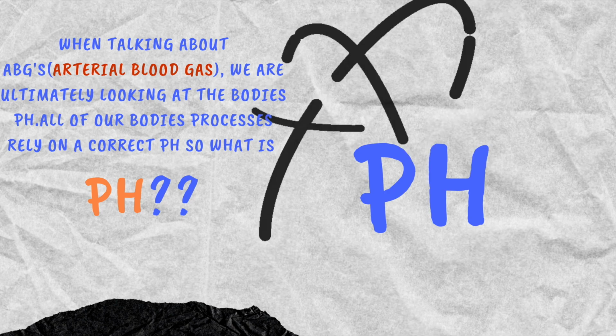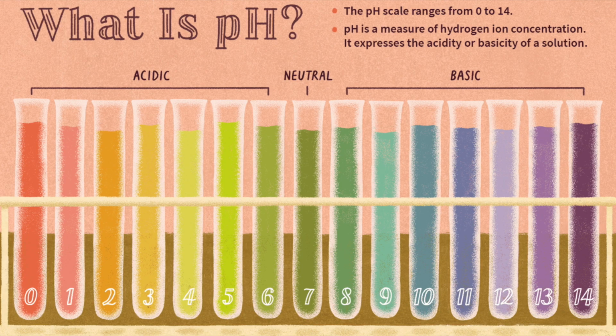So what is a pH? So pH is a scale that was made up from a 0 to a 14, and then you've got an acidic side, you've got a base side, and you've got a neutral right down in the middle. And this is all made up of a measurement of hydrogen ion concentration. So hydrogens are acids, basically.